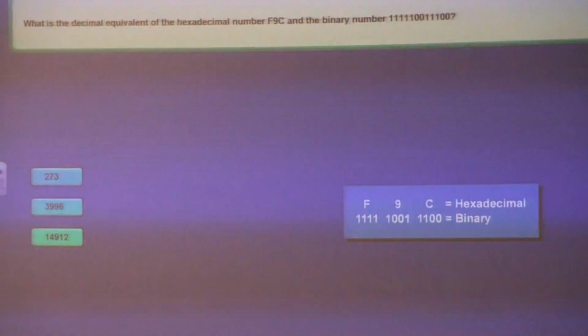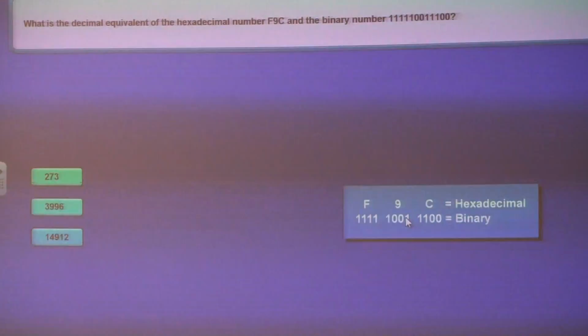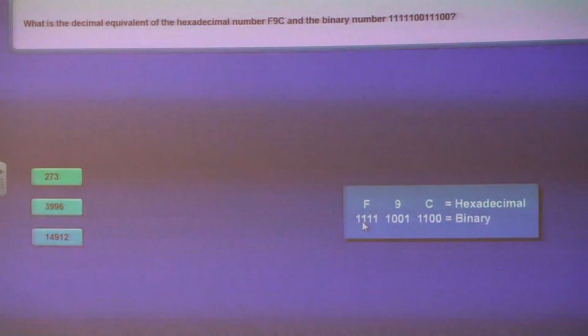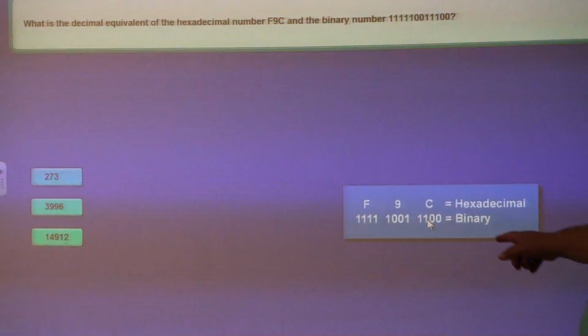But if we go along, 1, 2, 4, 8, 16, 32, 64, 128, 256, 512, 1,024, 2,048. So we know the next one's 4,096.